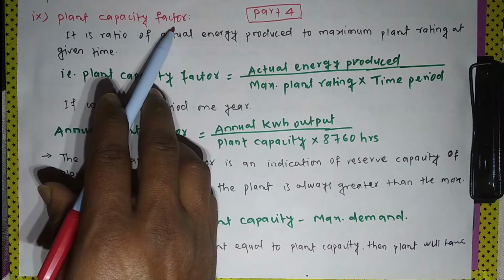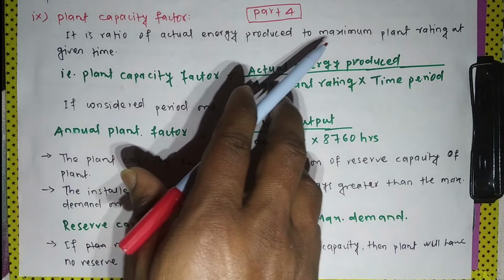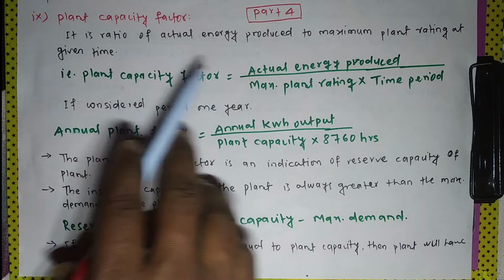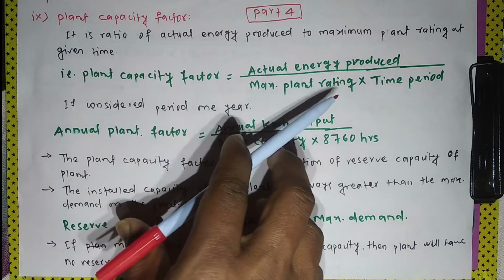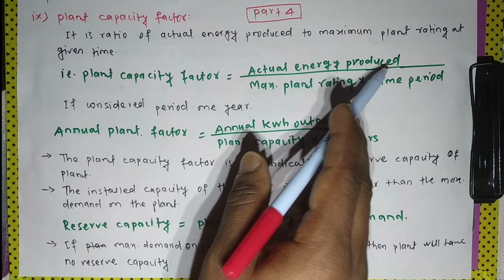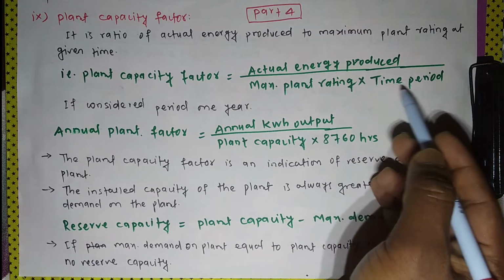Plant capacity factor. It is a ratio of actual energy produced to maximum plant rating at a given time. That is, the actual energy produced by the plant to the maximum plant rating and time period.